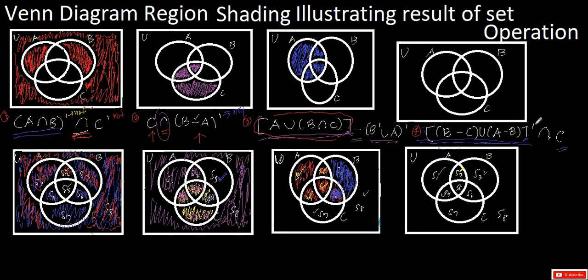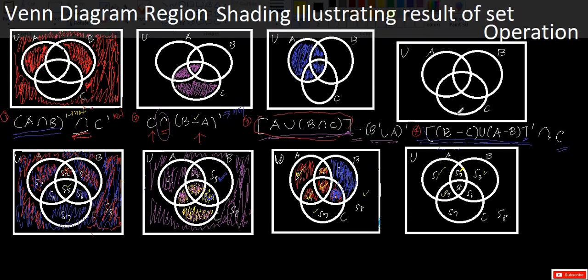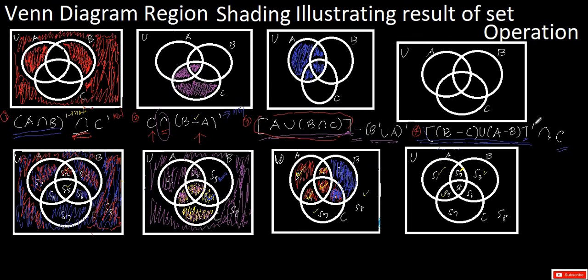Okay, and then the complement of the result are the regions not checked by yellow. Okay, because complement is the opposite, right? So therefore we'll now use a red color for shading the result of the complement of the operation inside the bracket.